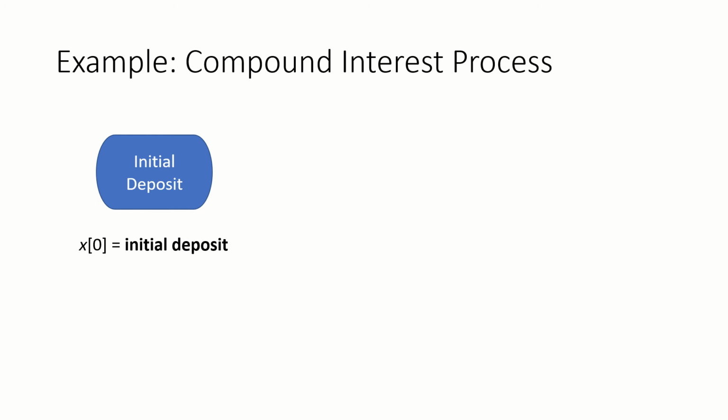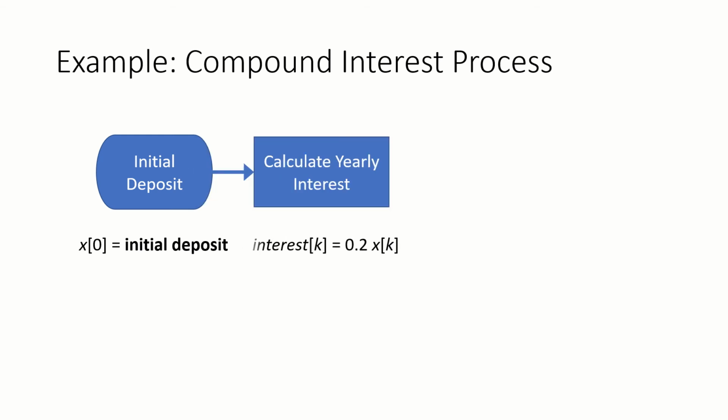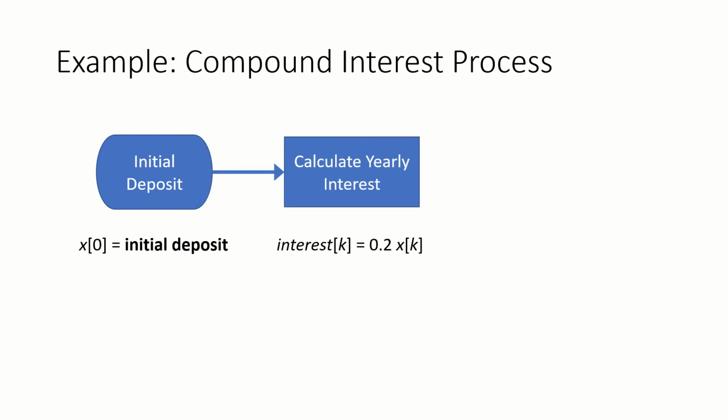Well, if you think about the process, so now this is very process-centric. I dump in a certain initial deposit, and then I calculate yearly interest after, say, a year, and that's 20% yearly interest there. So I know that if I increase my initial deposit, I'm going to increase my interest.